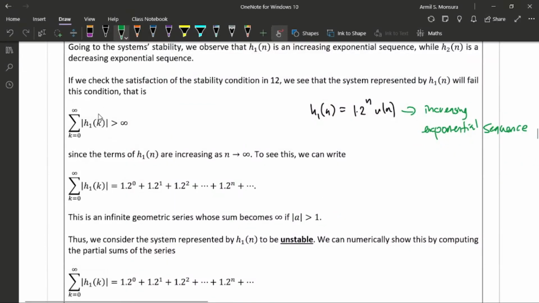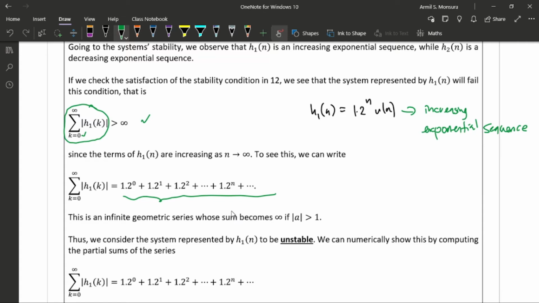Now, if we actually attempt to evaluate this sum, again, this is the condition for absolute summability of a sequence. That is, we will attempt to add the terms of your sequence. Knowing the fact that your h1 is causal, sisimulan natin yung summation niya when k is 0. If you evaluate that sum, we will be able to form this series.